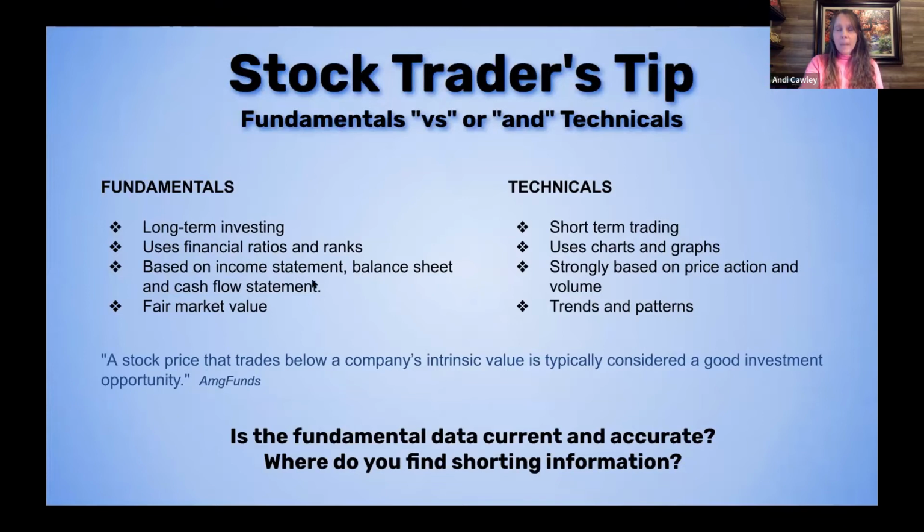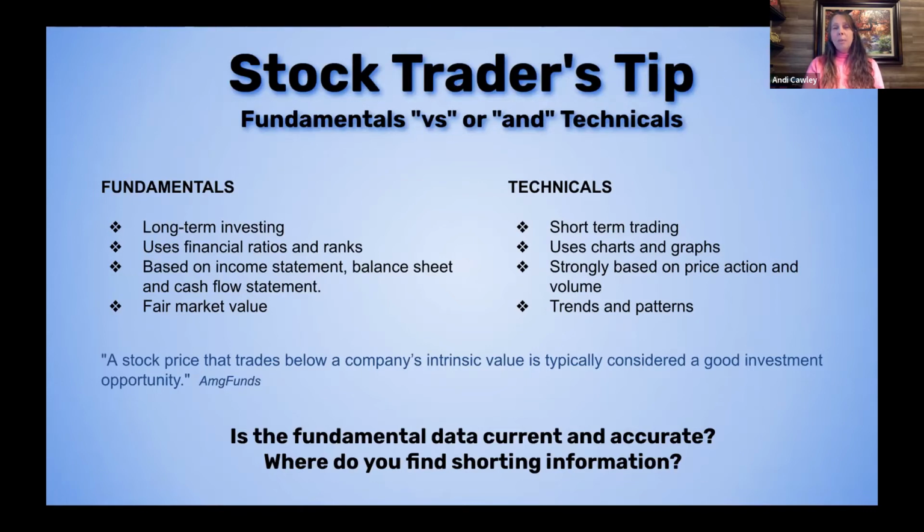The fundamentals are usually a lot of the ratios and the ranks, and this is what long-term investors are looking at. They want to know that a company is basically undervalued. Say it's a great company, but the price of the stock maybe doesn't represent how great the company is, so it might be undervalued.